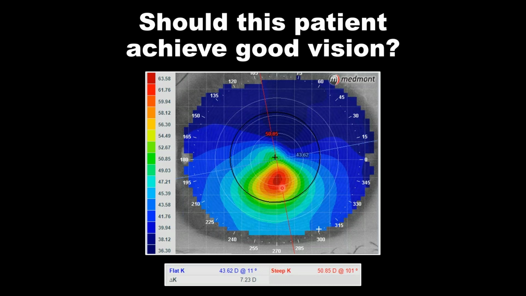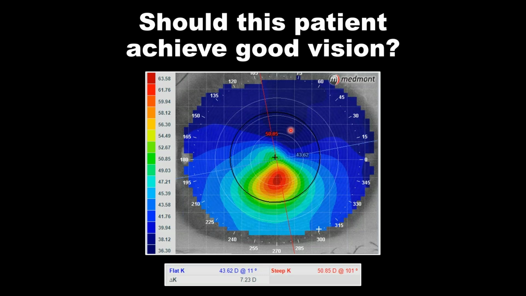But of course, K readings are going to struggle to measure this eye when we don't have a defined flat or steep meridian. We have a very irregular corneal shape, and we can look at the powers distributed within this eye. We go from 63½ diopters here to 36 diopters down here. So that's about a 27 diopter differential in power from this point to this point.